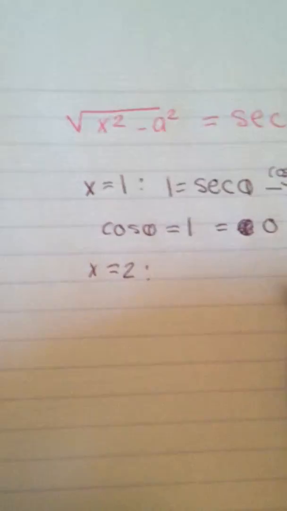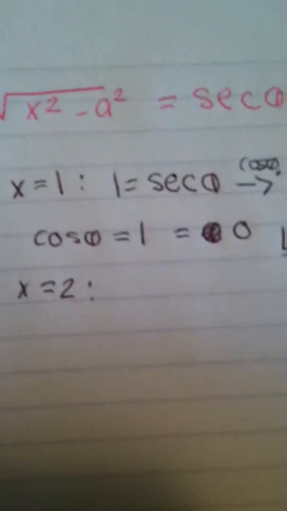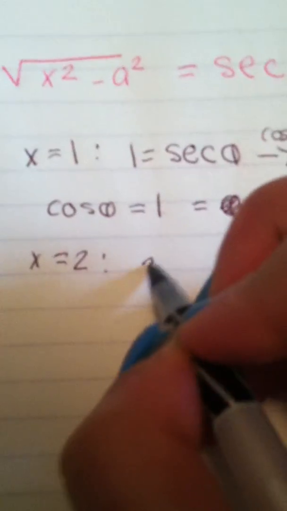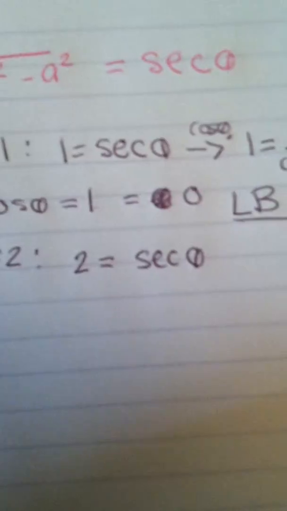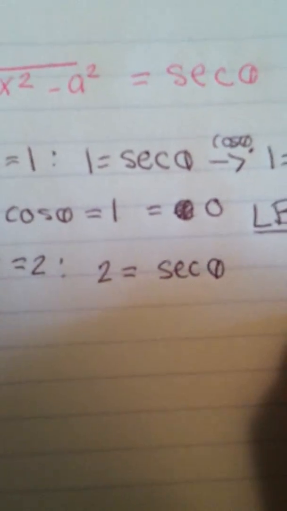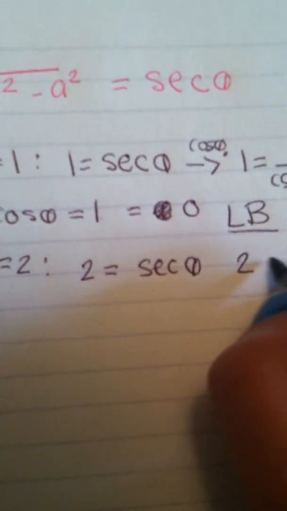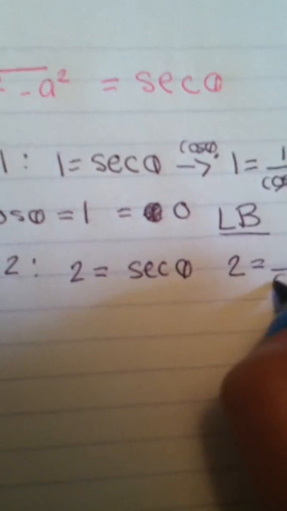Now when we plug in x equals 2, which is our old upper bound, we have 2 equals secant theta, which then would be 2 is equal to 1 over cosine theta.